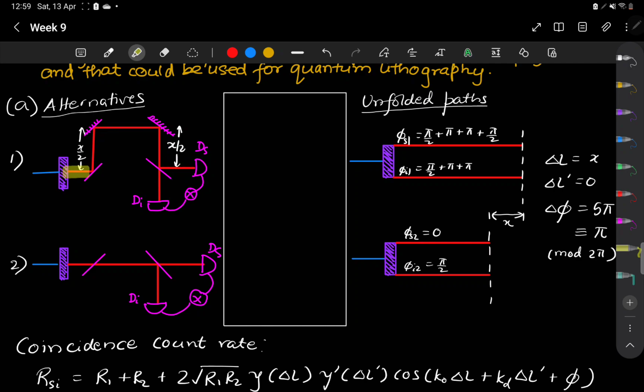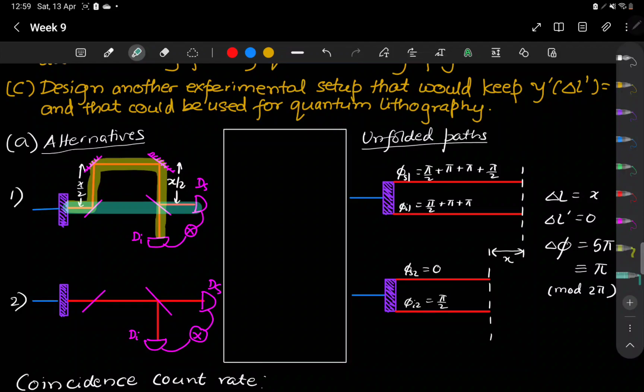So someone is asking, why not consider that one photon is getting reflected and then goes like this, and the other photon goes like this maybe. Why not split the photons in the very first beam splitter?